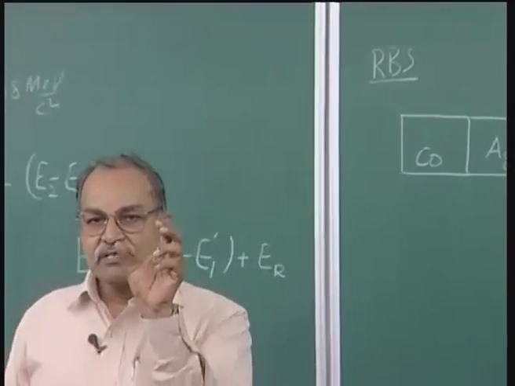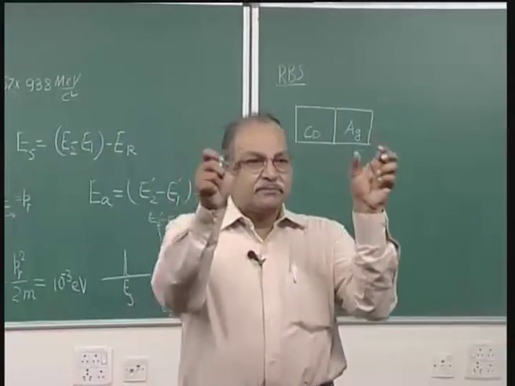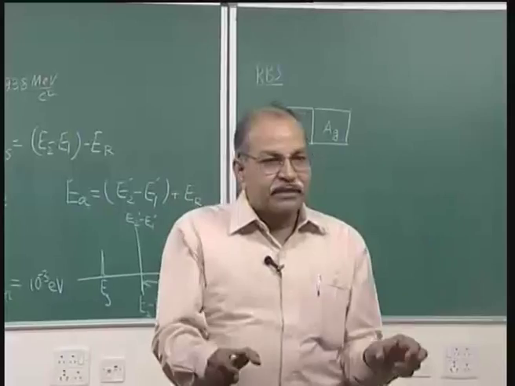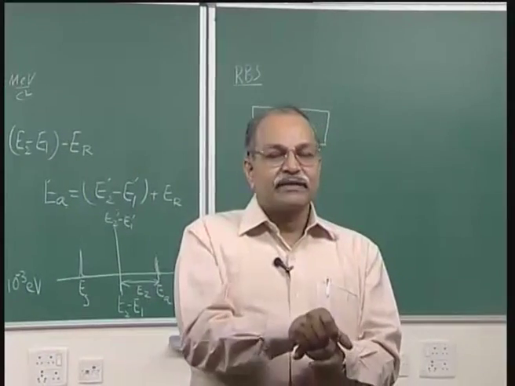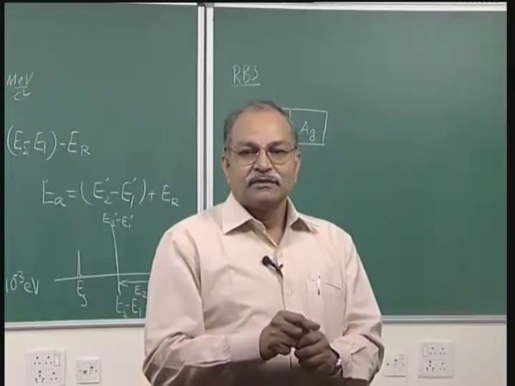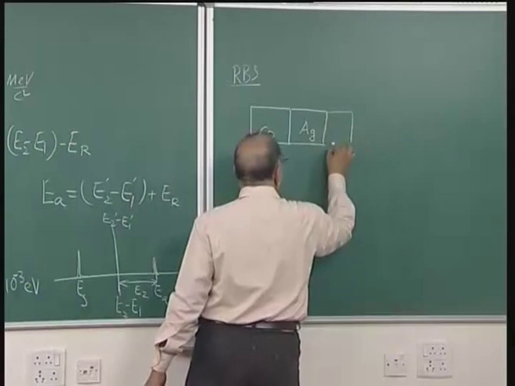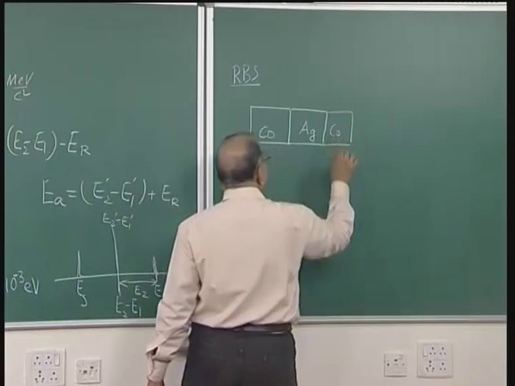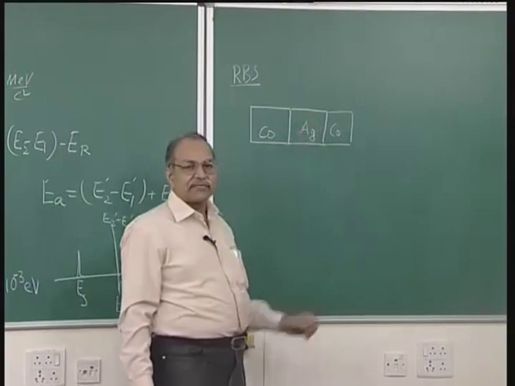These are multilayers where ferromagnetic films are separated by a non-magnetic spacer layer in between. Suppose I have this cobalt here, silver here, and then again cobalt here, silver here, and again cobalt here. So, this is ferromagnetic, this is ferromagnetic, this is non-magnetic.